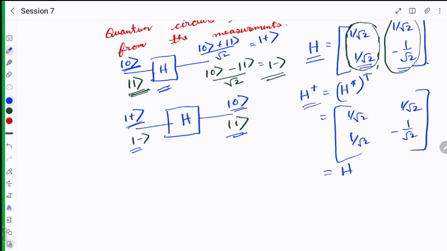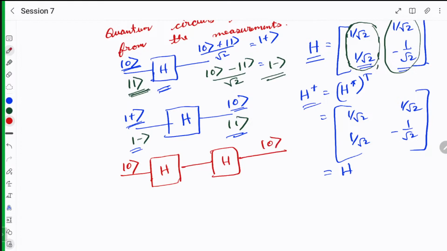Okay. Now, having said that, if I operate H 2 times, then what will we get? So let's say I have started with ket 0 and operated H 2 times. What will I get? Yeah, so I'll again get back ket 0. Because what does it mean to operate H 2 times? It means the unitary will be H into H or H squared. And we have seen here that H is equal to H dagger, so it will be H H dagger.